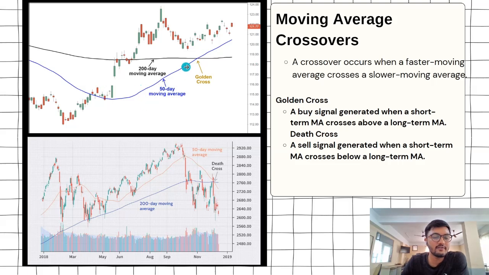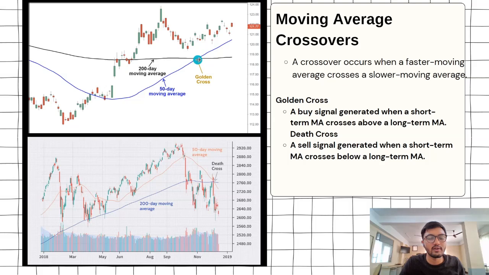So if the 50-day moving average crosses above the 200 days moving average, then it is considered to be a bullish sign, because the last 50 days' average is greater than the last 200 days' average, which means, by logical reasoning, you can just understand it. The price momentum is taking place in such a way that the last 50 candles are pushing the market upwards if you are comparing it to the 200 days of market trend.